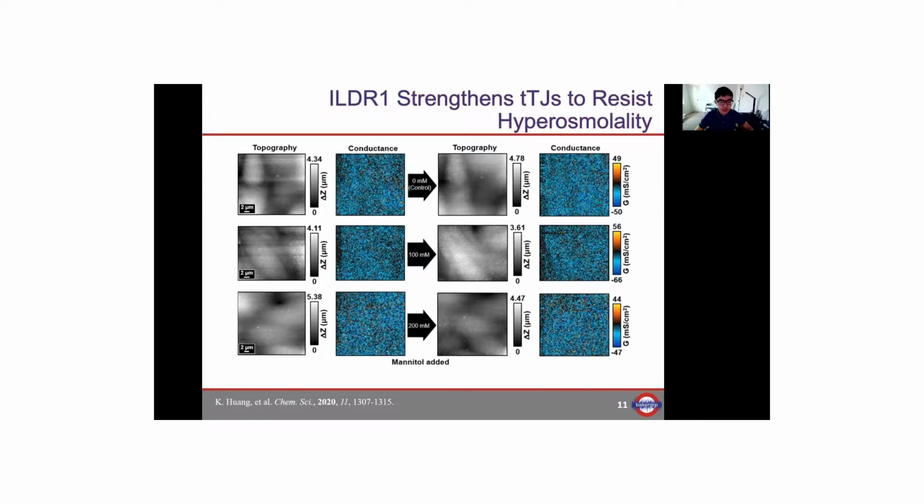So this tells us that the overexpression of ILDR1 not only sealed the tricellular junction, but also the bicellular junction. And after the addition of mannitol, we also did not see obvious change in the conductance map, which indicates that overexpression of ILDR1 can greatly reduce the opening of tricellular junction under hyperosmolarity.